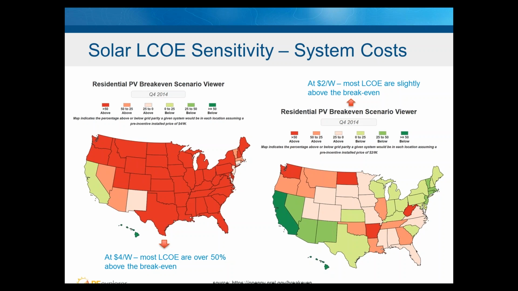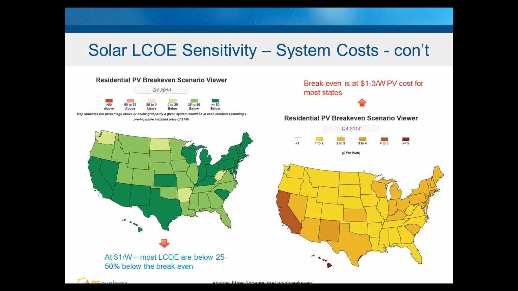On the graphic on the right-hand side, once we simulate the system cost at $2 per watt, we can see that most LCOE are slightly above break-even, meaning it's starting to get very cost competitive with the grid. The next slide: how about $1 per watt?